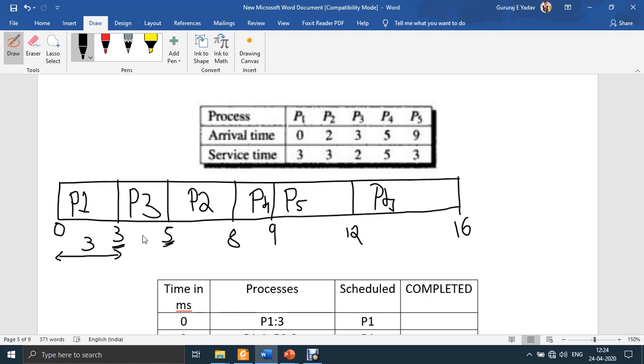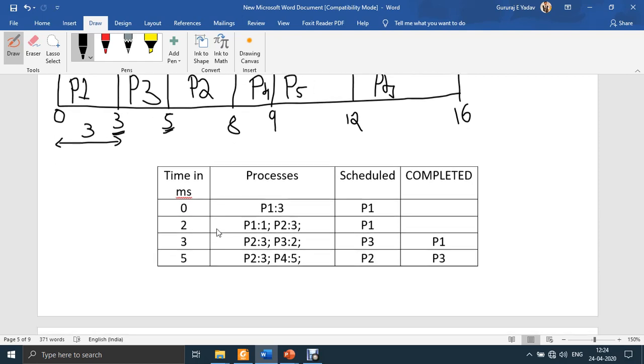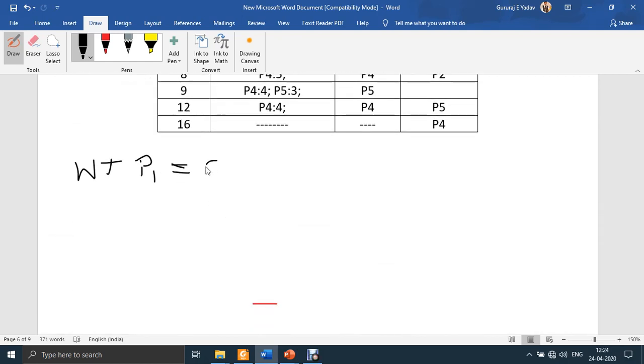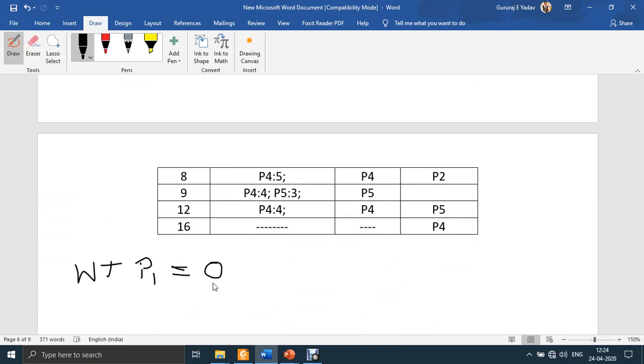It completed its entire execution. Hence the waiting time for P1 is 0, because it arrived at 0 milliseconds and was scheduled at 0 milliseconds, so it did not wait at all.